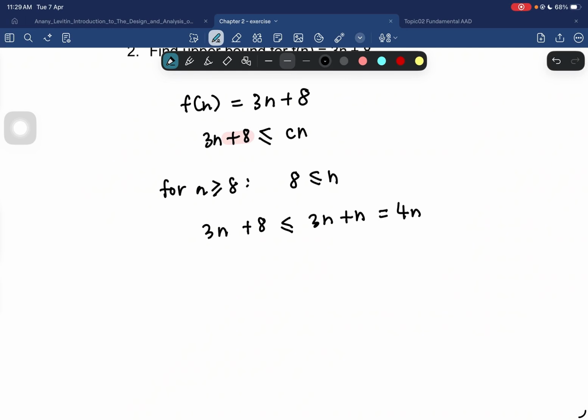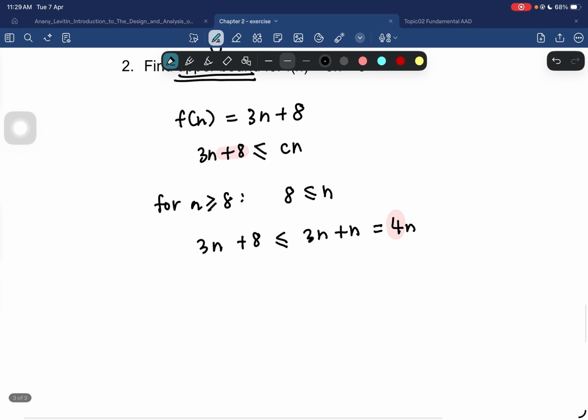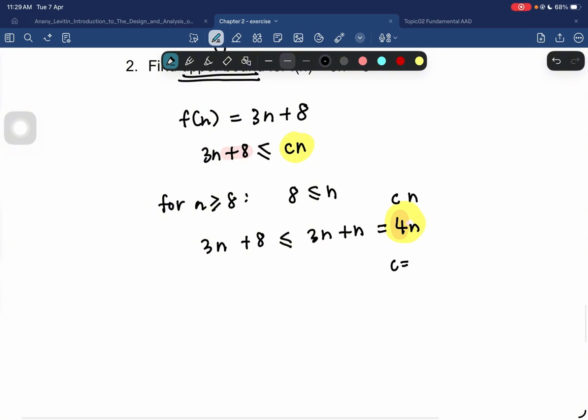Okay, it is 4n. So we need to identify the constants. We are comparing with this, so don't get confused. We are comparing between these two. So here, this is c and n0. C is 4.